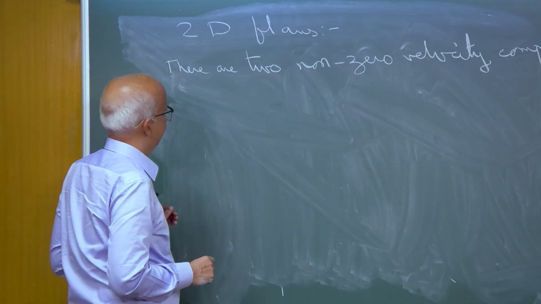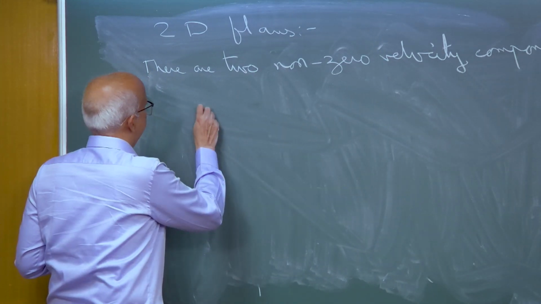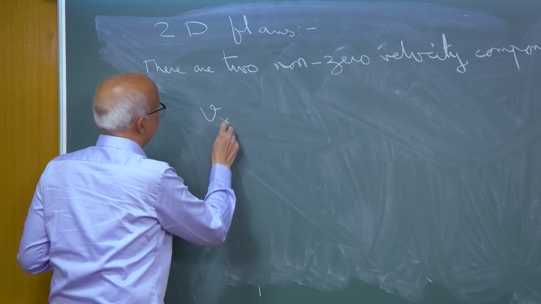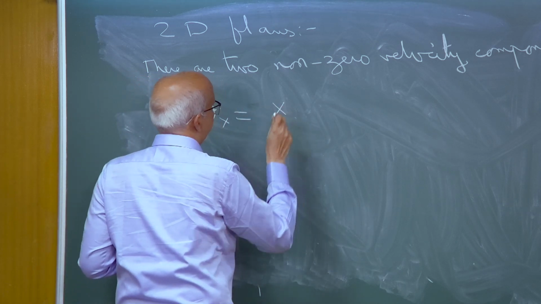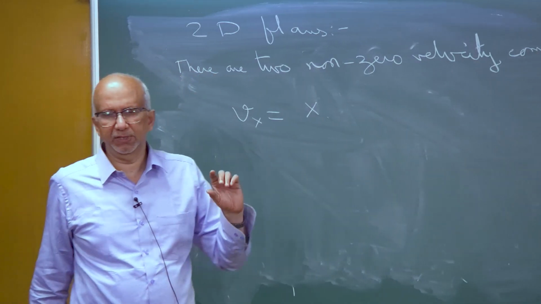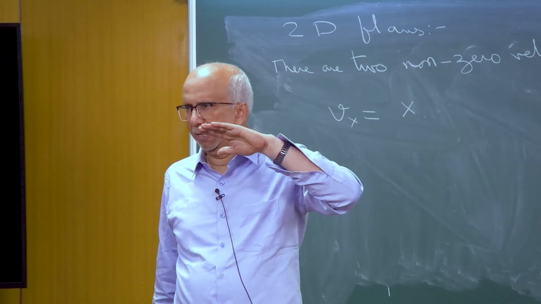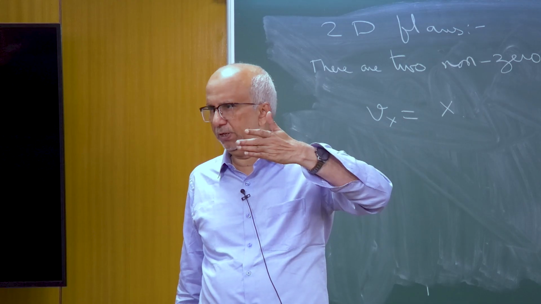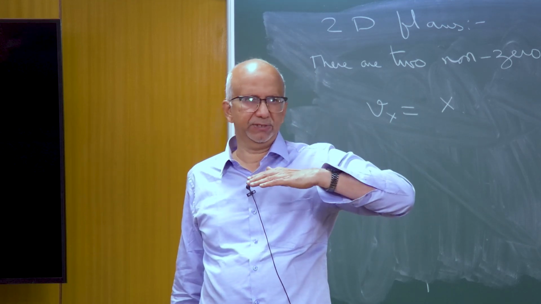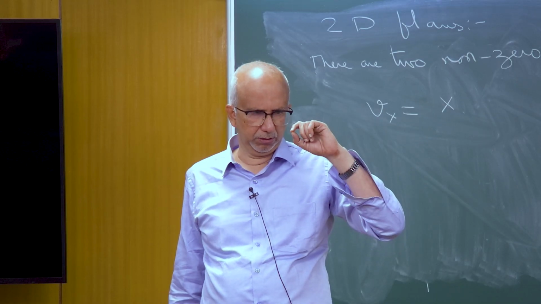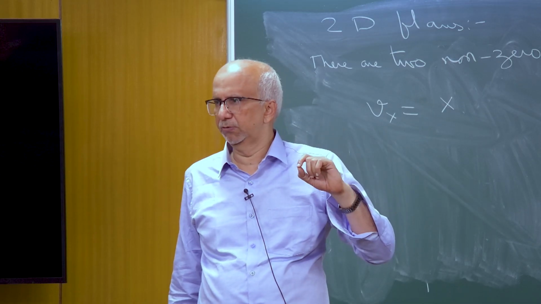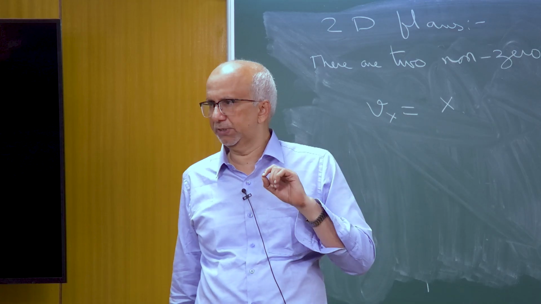Let us consider the case where Vx is equal to x. What is this? This is the x component of velocity. I am saying I have a velocity field where the x component of velocity is given as x. At every position x, the x component of velocity is x.